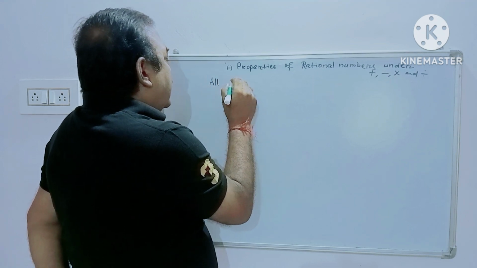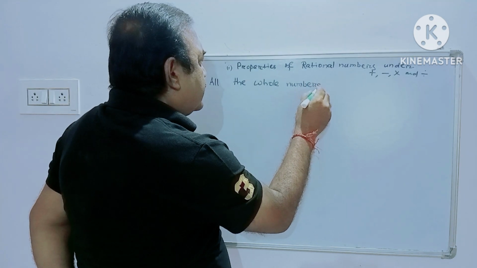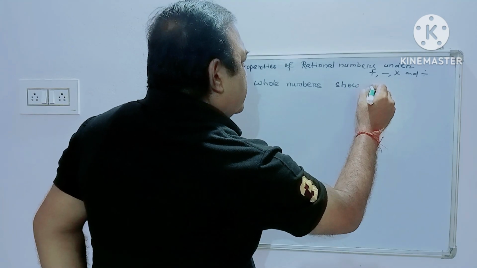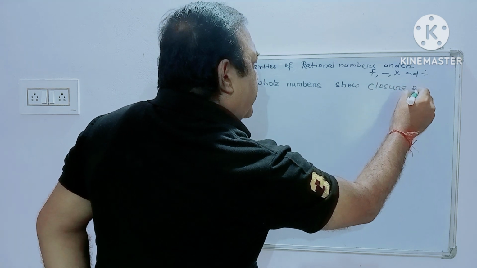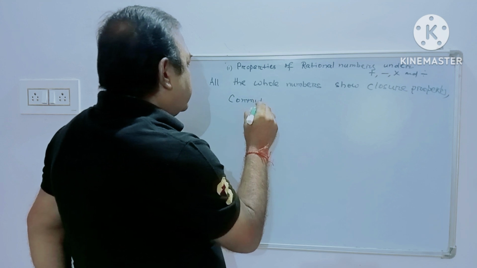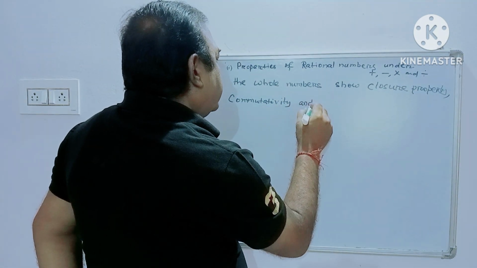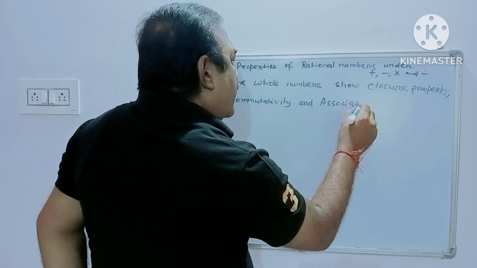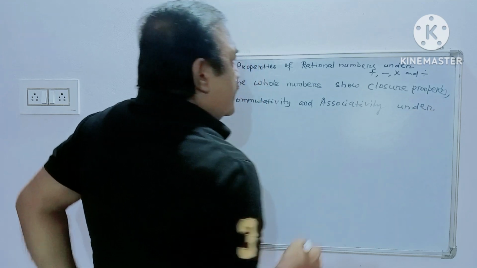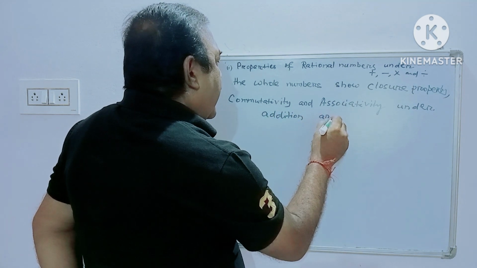Just remember, all the whole numbers show closure property, commutativity, that is commutative property, and associativity, that means associative property, under two basic operations, under addition and multiplication.